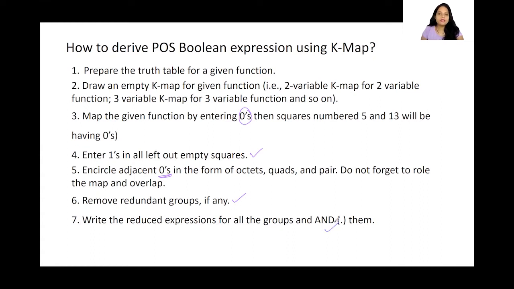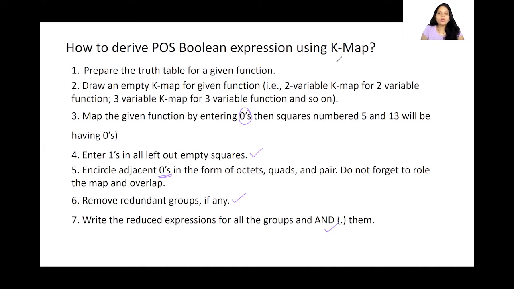So what is the different thing we are doing compared to SOP here? First, we notice the zero value is taken as the non-complemented variable and the one value is taken as the complemented variable. That is the very first difference. Then we are going to add the variables, and the third one is we are entering the zeros and then encircling the zeros.